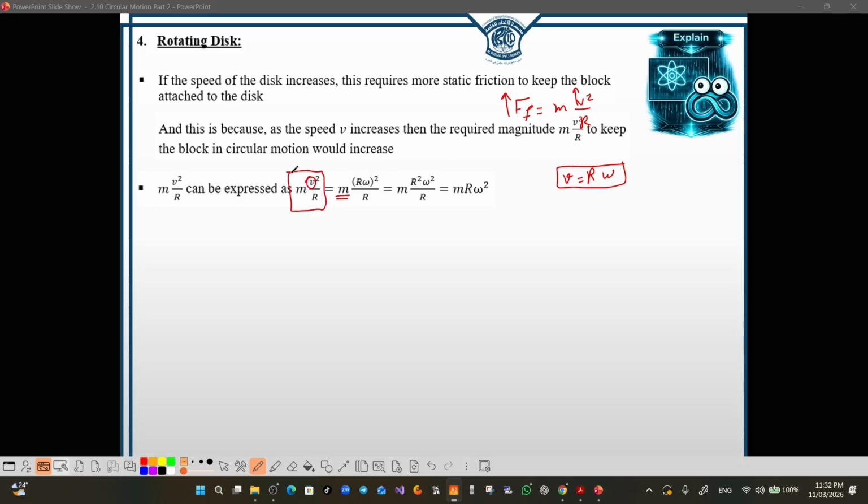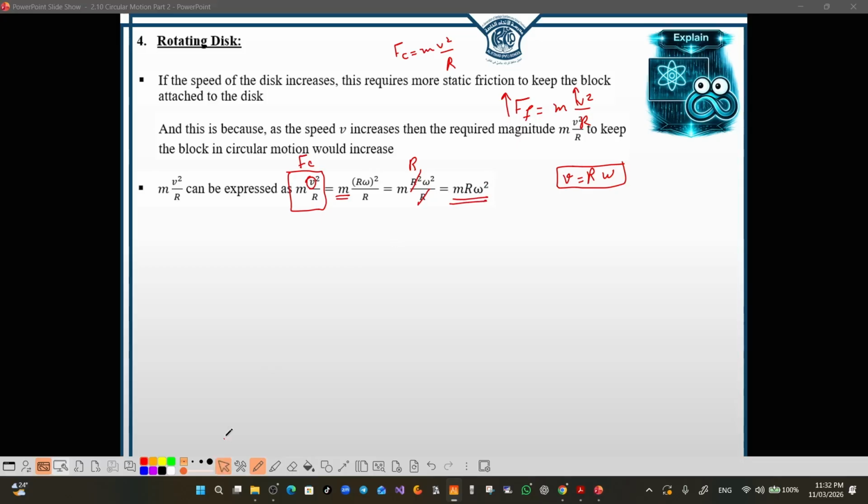Remember, this is the centripetal force equation, Fc is equal to mv squared over r. Distributing the square on ω and r, we get mr squared ω squared over r. We cancel r with r, and the final equation is mrω squared.